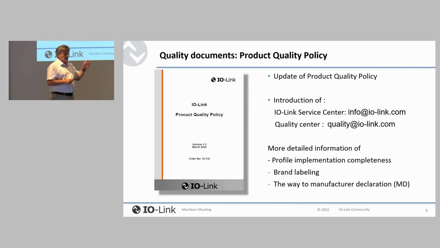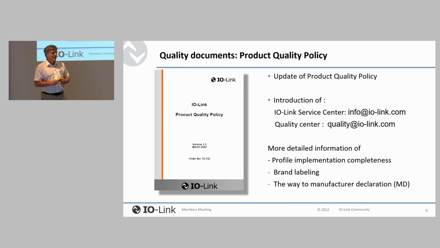And what's also written in there, and this is a new thing, is that the so-called profiles will also be part of the product quality policy. In short, if profiles are implemented, then they have to be implemented completely, 100%, not only parts of them.